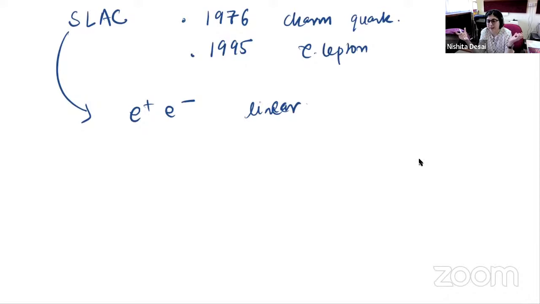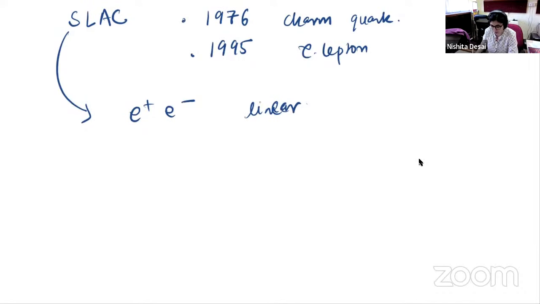It was in fact named the ugliest building in America. There's nothing spectacular about it. It's just one single floor of a building, and it's just 1 kilometer long. That's what it looks like. But it has made some very important discoveries.